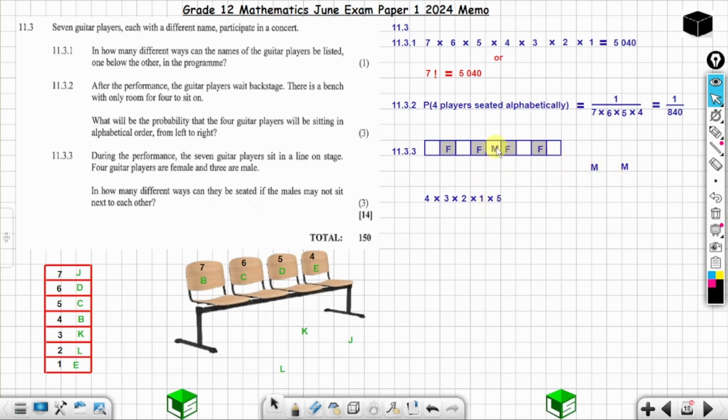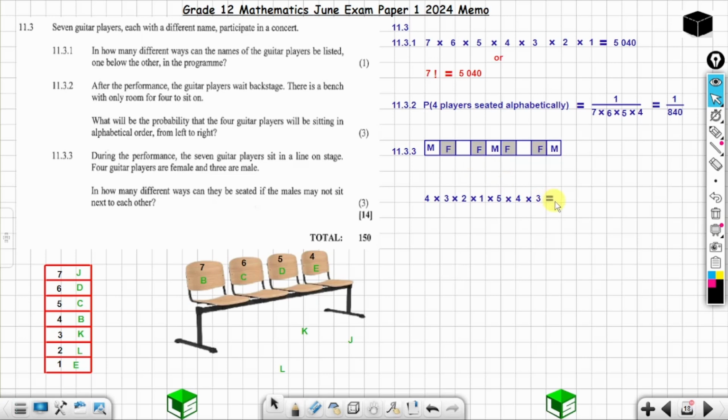I can put this guy there. Now I have 1, 2, 3, 4 places, 4 options, times 4. So this guy can go there. Now I have 1, 2, 3 places to put the remaining guy. 3 options to put the remaining male. I can put this guy there, or this place, or this place.